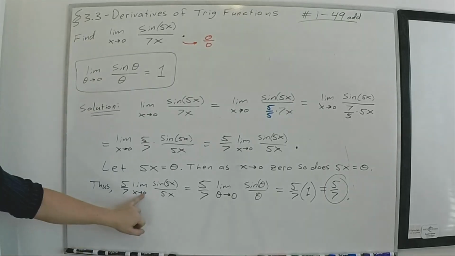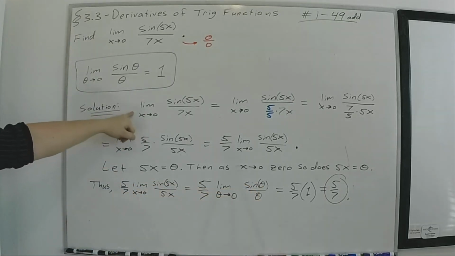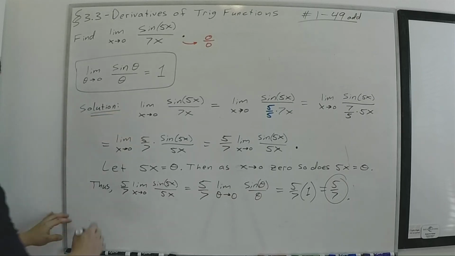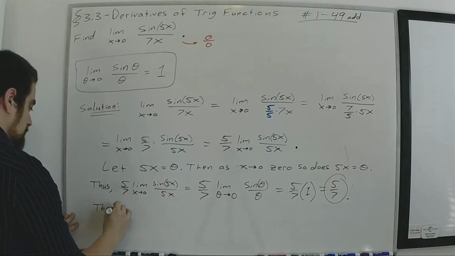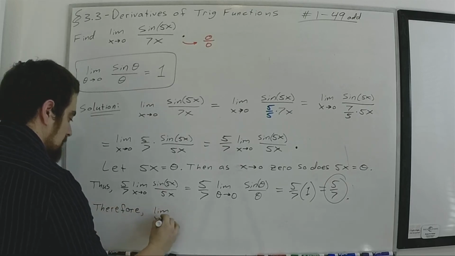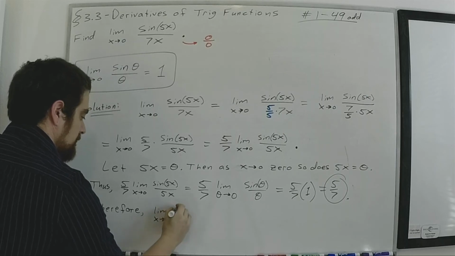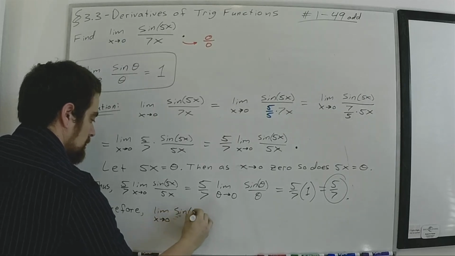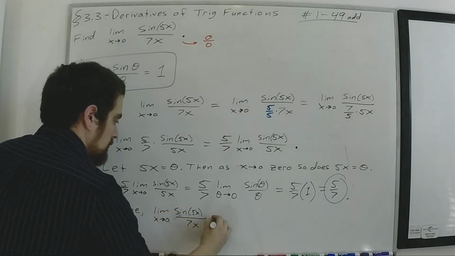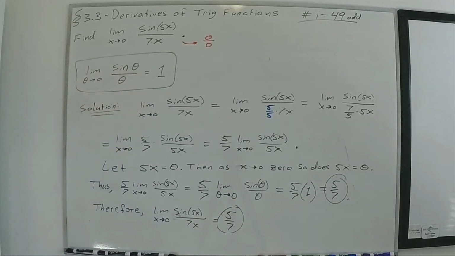And this limit is equal to this limit, so I can just keep backtracking all the way to my original limit. Therefore, the limit as x goes to 0 of sine 5x over 7x is equal to 5/7. Simply by backtracking.